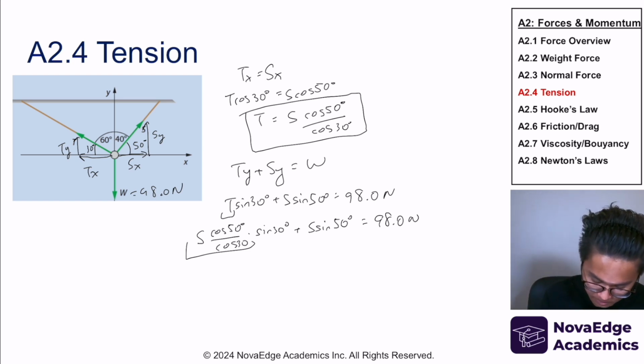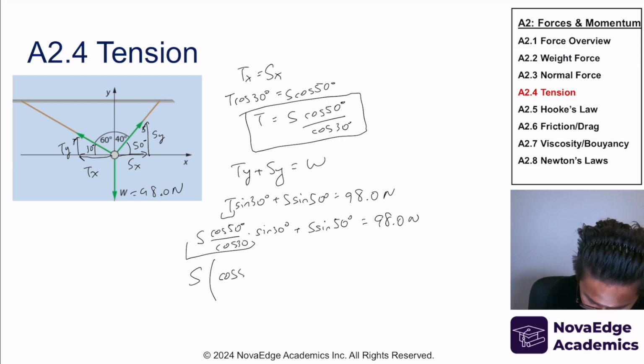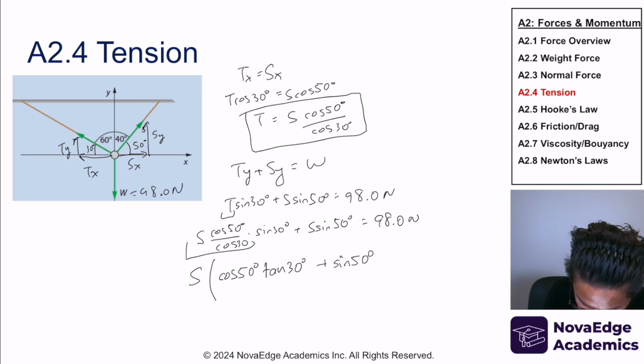We already established this before. So if I factor out S, I'm going to get the following expression. And let me just combine these two with tan, so that is tan 30. So I can solve for S now.